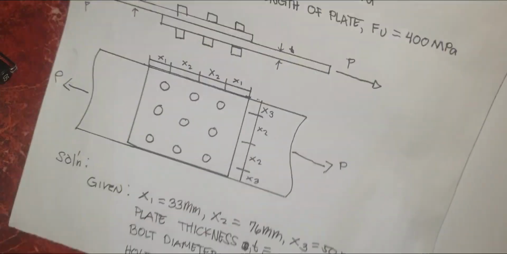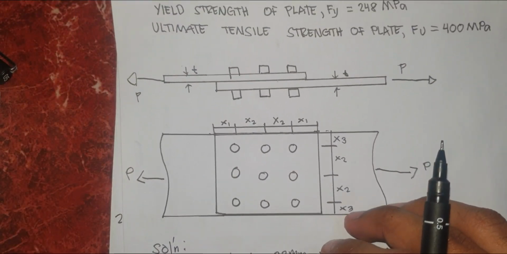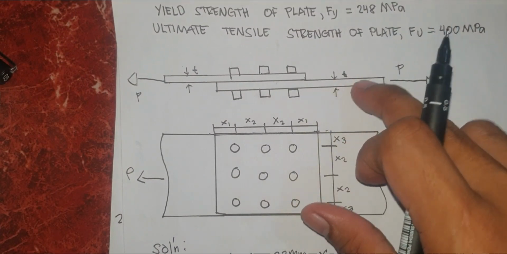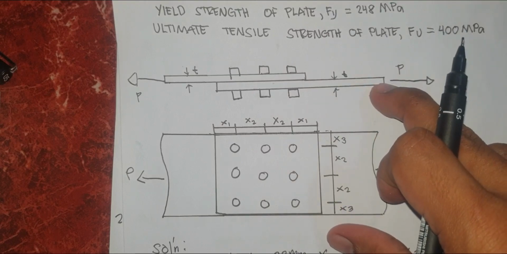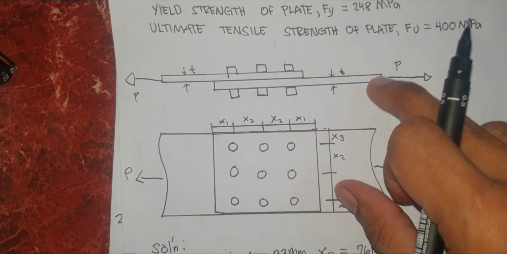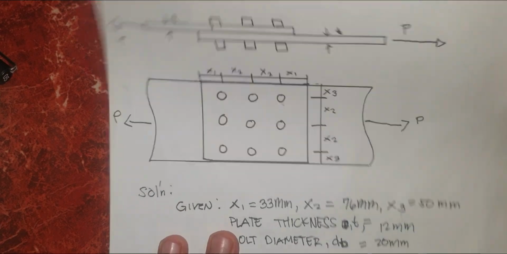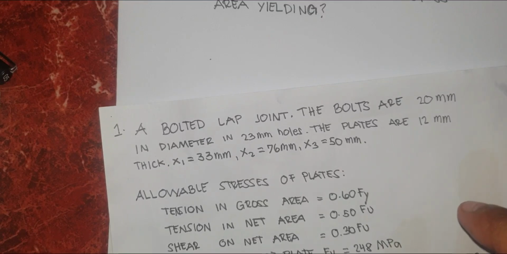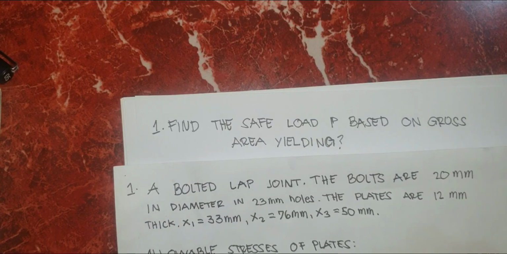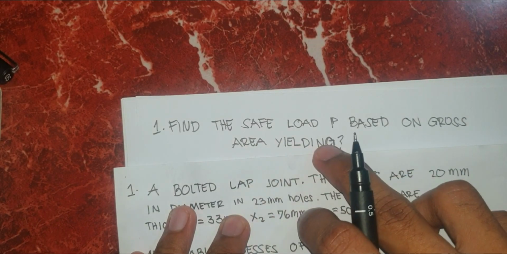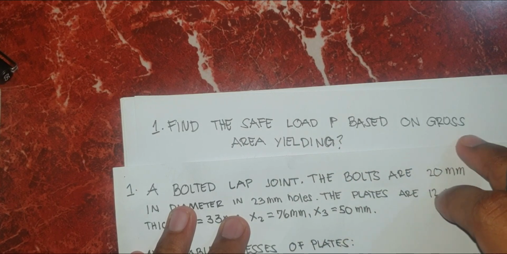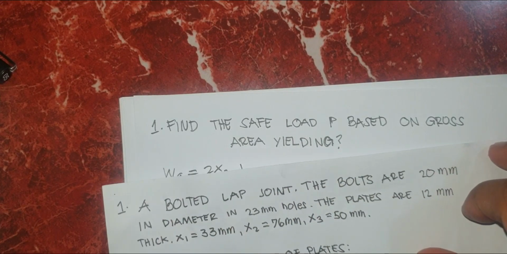So this is the drawing, the top view and the side view. The question is: find the safe load P based on gross area yielding.